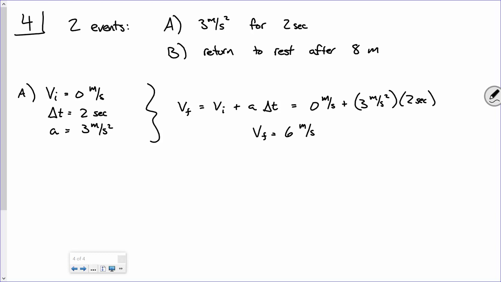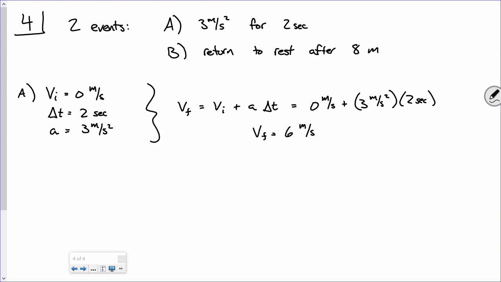So here's what's going on. I'm the particle, all right? I'm standing still. There are 2 events going on. The first event is that I accelerate for 2 seconds. What does it mean to accelerate? It means to go faster and faster. I start off at rest and I start to get faster and faster. Then after 2 seconds, I'm moving at a given speed.